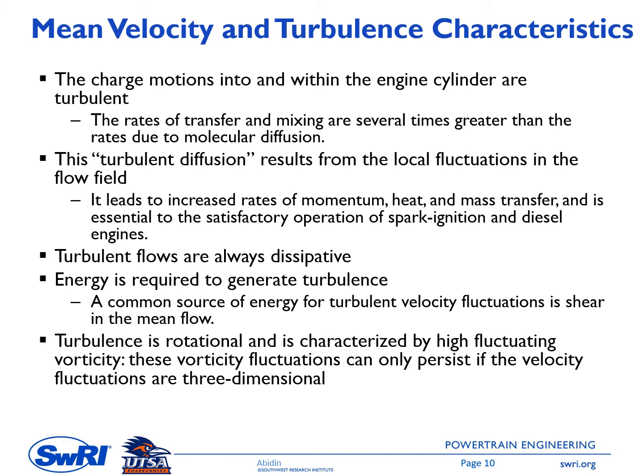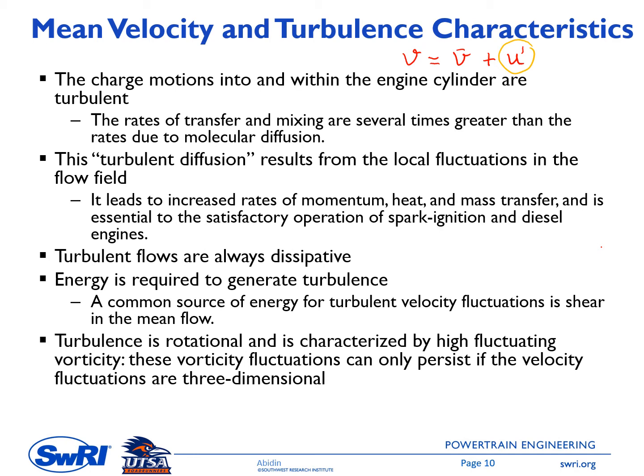Next one is the mean velocity and turbulent characteristic. As I mentioned in the previous slide, the instantaneous velocity can be formulated as the average velocity plus the fluctuating velocity. And the second one here will govern the level of turbulence inside the cylinder.